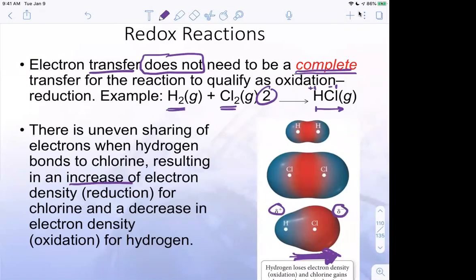I have an increase in electron density, which counts as reduction for chlorine, and a decrease in electron density, which will be counted as oxidation for hydrogen. So these partial charges in these molecular substances also fit this definition of electron transfer, and this type of reaction is still classified as a redox reaction.